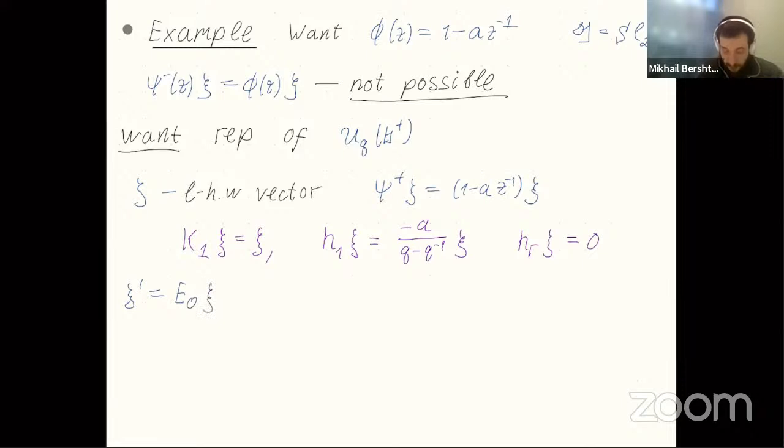This first L highest weight vector, of course, means that I assume that all E alpha plus N delta on psi equal to 0. Now I act by E0, obtain some vector, and E1 E0 on psi is equal to what?